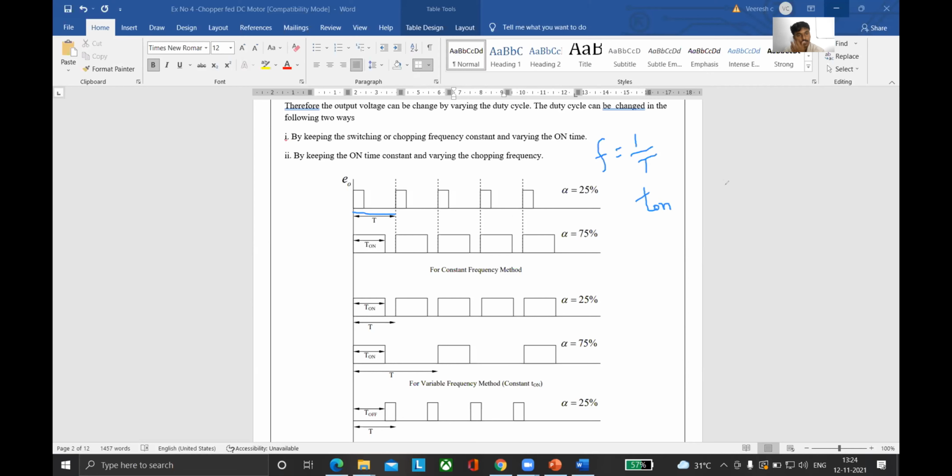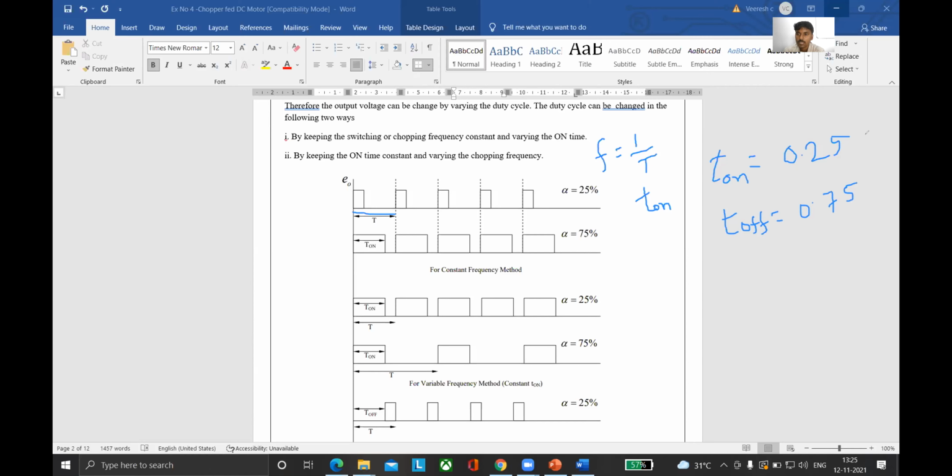For example, T1 is equal to 0.25 seconds, so that we can consider it 25%. T off is equal to 0.75.